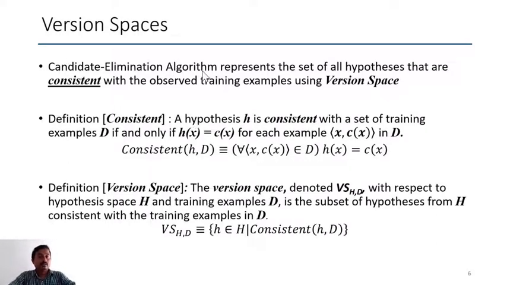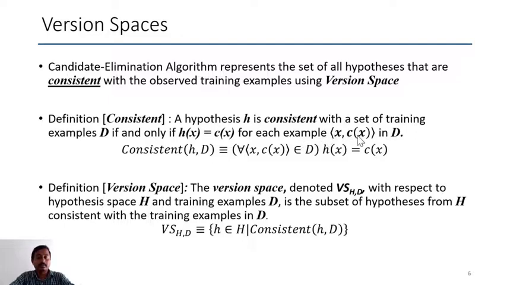So the candidate elimination algorithm represents the set of all hypotheses that are consistent with the observed training examples using a version space. Now we will see the definition of consistent. A hypothesis H is consistent with the set of training examples D if and only if H of x equals C of x for each example.